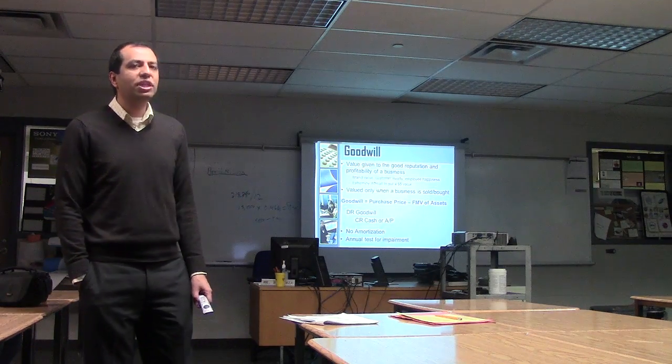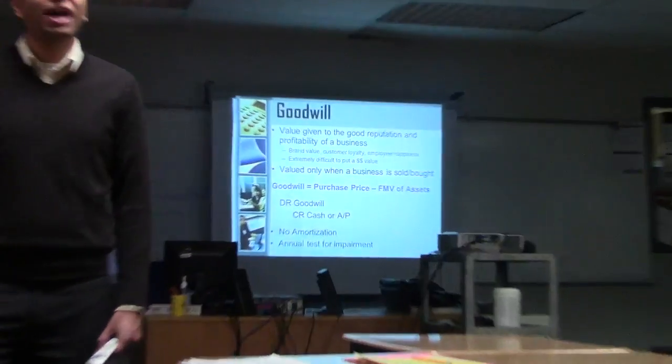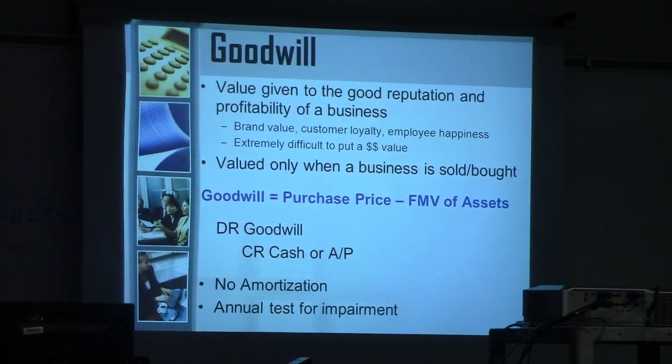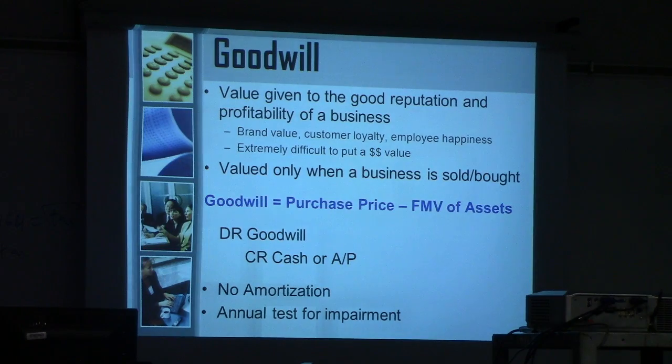Goodwill equals purchase price minus the fair market value of your assets. So let's say you own a store, a convenience store. You've got inventory of $100,000 and you've got all other assets including computers, furniture of $10,000. So altogether it's $110,000.